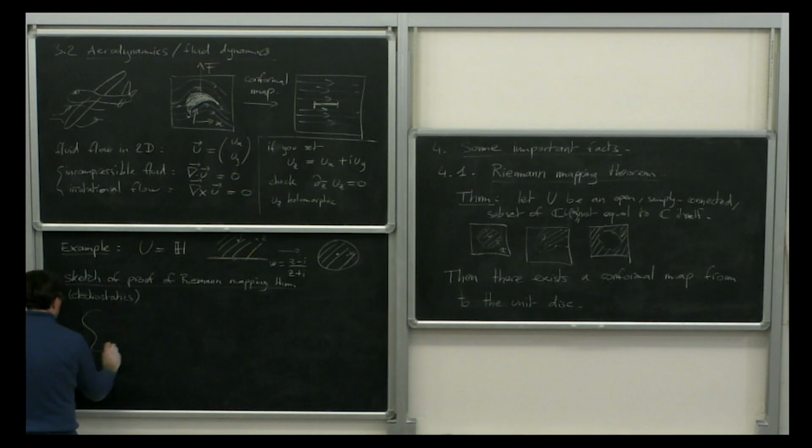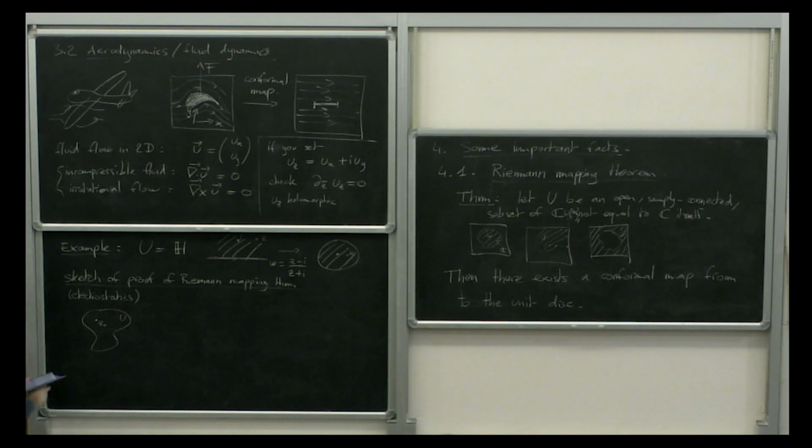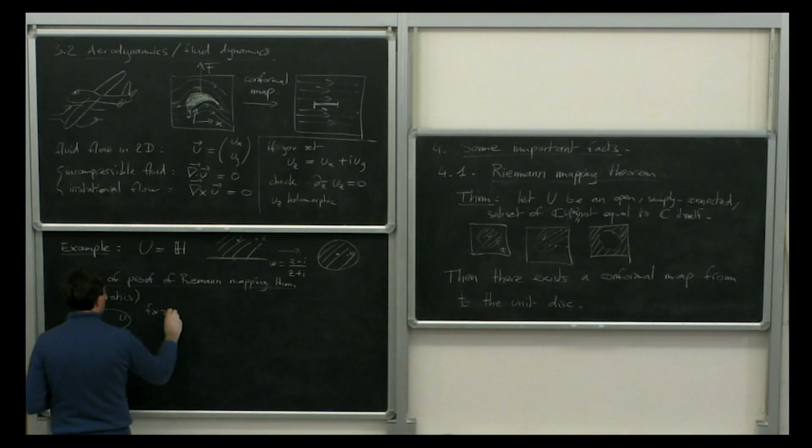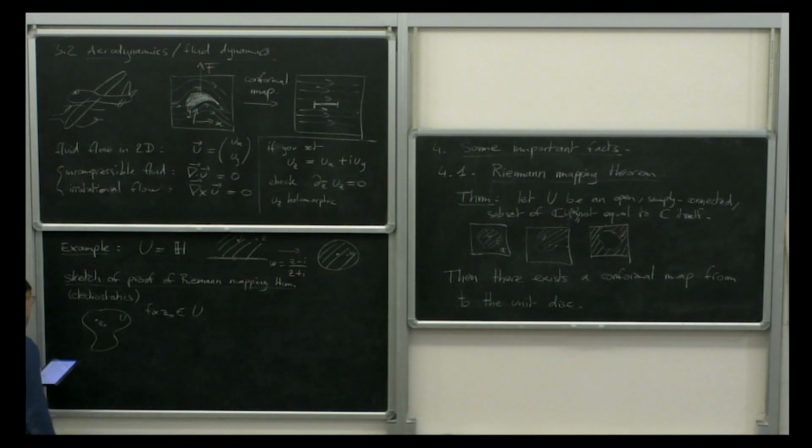So let's take our domain U. And then what we do is we just fix arbitrarily some point z0 in the domain U. So we fix z0, and then we think of this as a charge, some charge, which creates an electrostatic potential around it, and we think of the boundary of the domain U as being a perfect conductor.